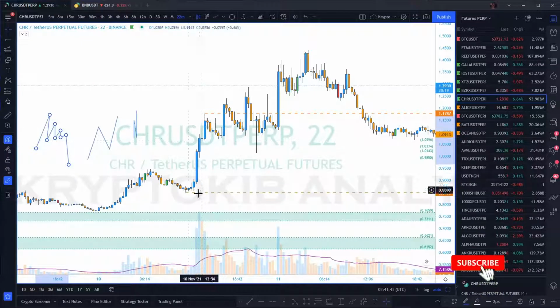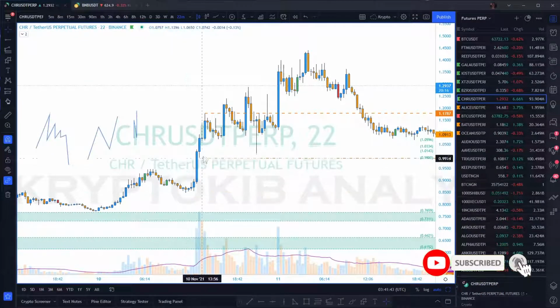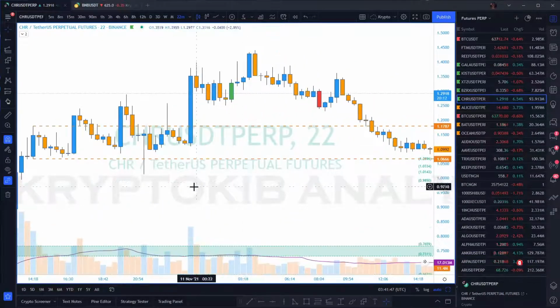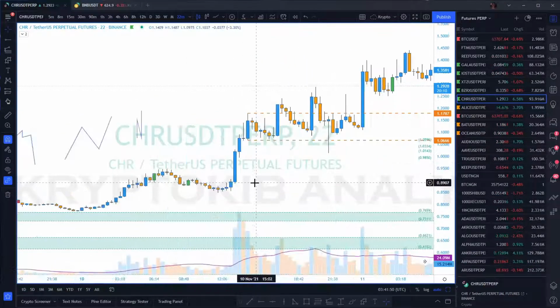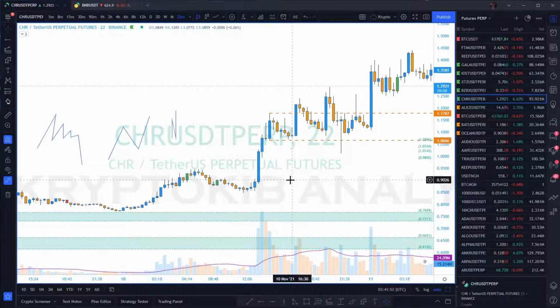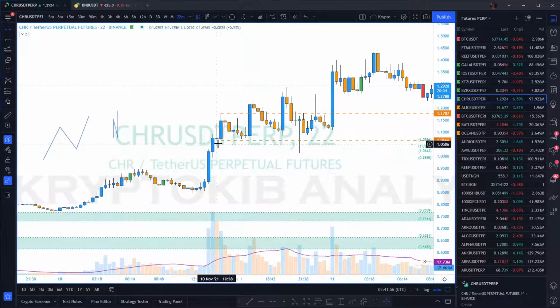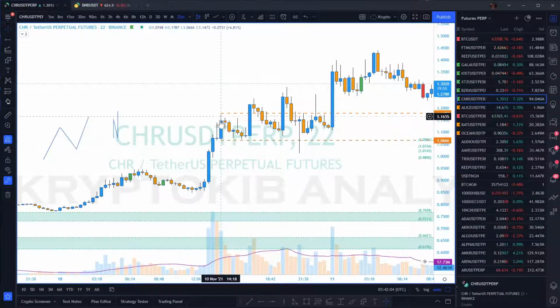So when you look at this low, now let's go to this very candle. Let me make it bold. So we have this very low and this very high. Then we have all this correction contained within the low and the high of this particular candle.